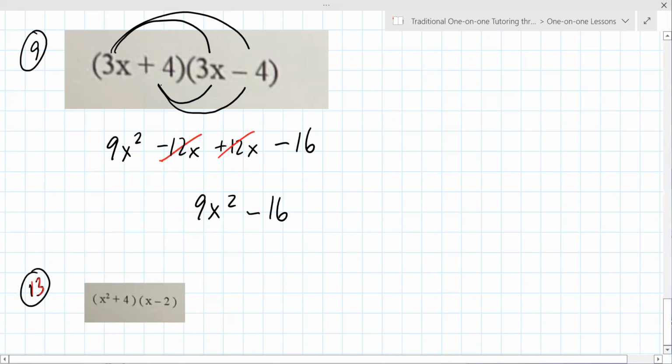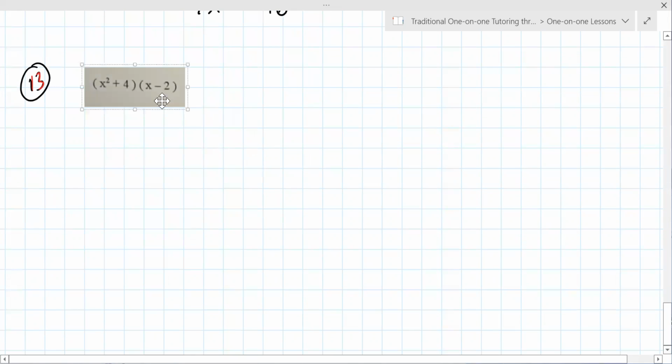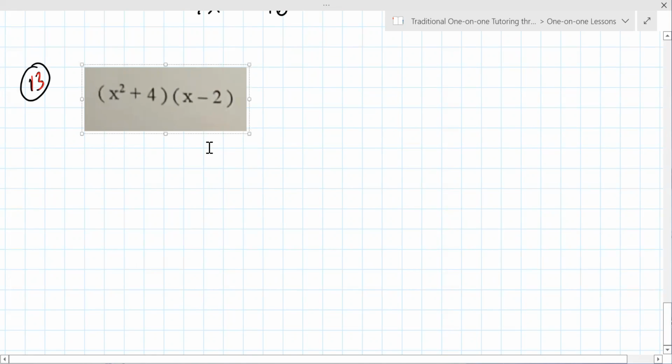All right, so the idea here is that you still FOIL. It's just that the answer will look a little bit different. You take the x squared and multiply it by the x. What I was mentioning earlier is that if the bases are the same, you add the exponents. So when you take x squared and multiply by x, it becomes x cubed, or x to the power of 3, because you add the 2 and the 1.